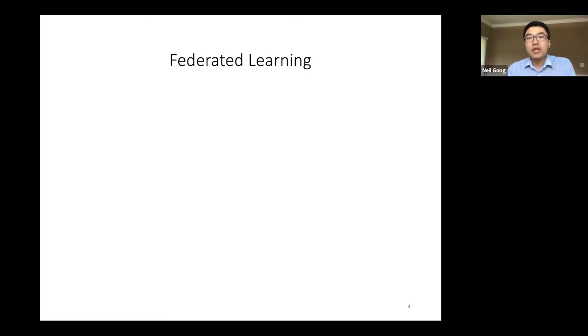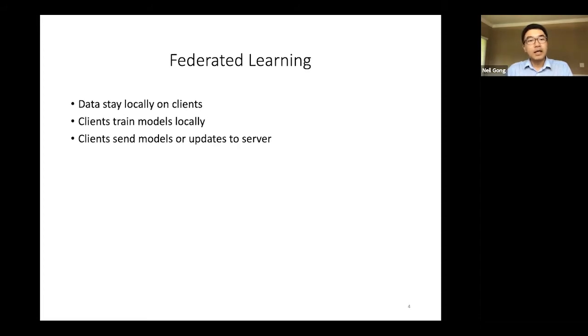Federated learning is an emerging machine learning paradigm to address the challenges of centralized learning. Specifically, in federated learning, client data stay locally on themselves. Each client trains a machine learning model locally, and the clients send their models or model updates instead of their raw data to the server.